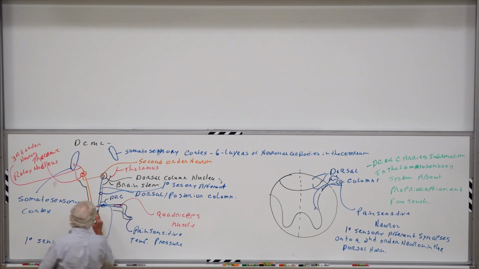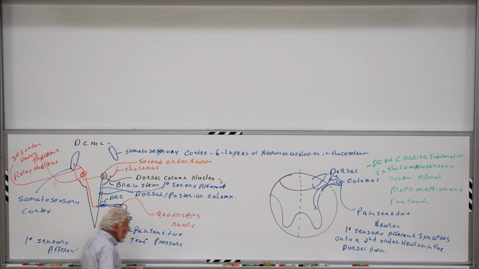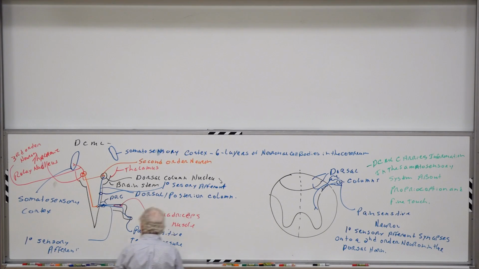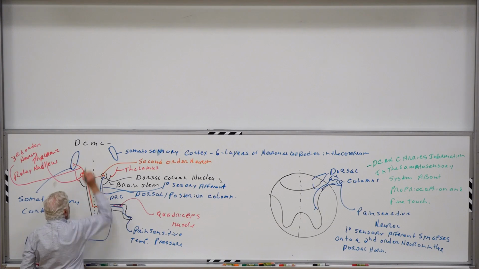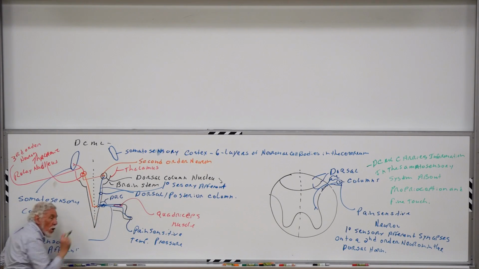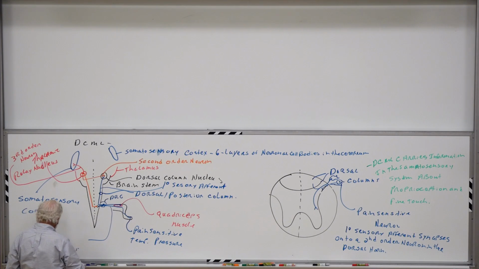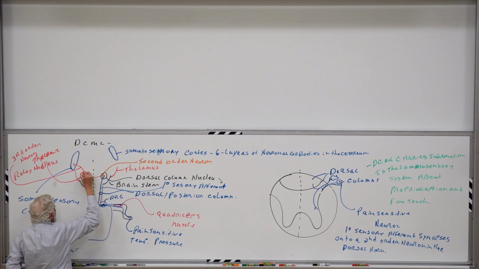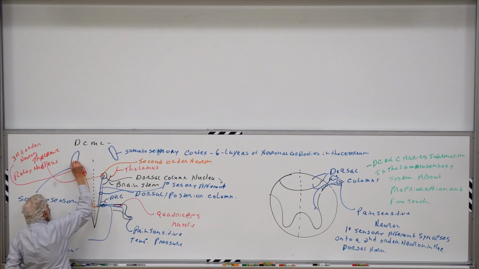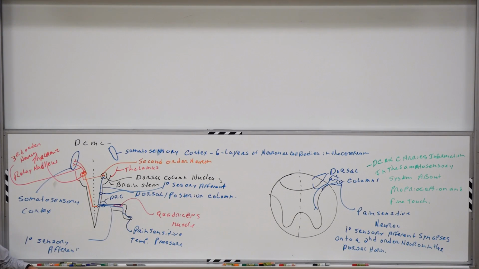Then that second order neuron, as all second order neurons do, crosses over the midline. That's the midline. The dotted black line is the midline, so it crosses over the midline, goes all the way to the thalamic relay nucleus, and then in the thalamic relay nucleus, the second order neuron synapses onto a third order neuron, and then that sends a process all the way into the somatosensory cortex.